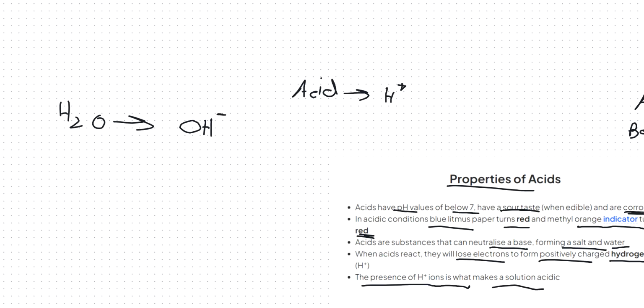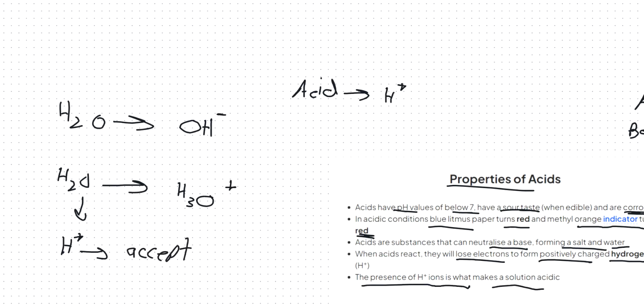And similarly, if water was to act as a base, then water would accept this proton, this hydrogen ion, and it would become H3O plus, because if it's acting as a base, then it would accept H plus ions. Remember, bases are proton acceptors.